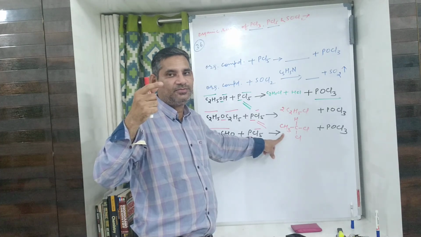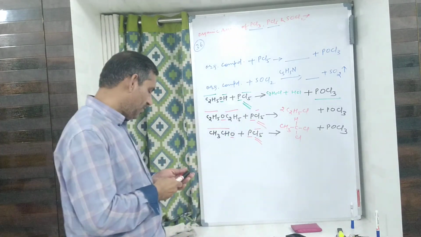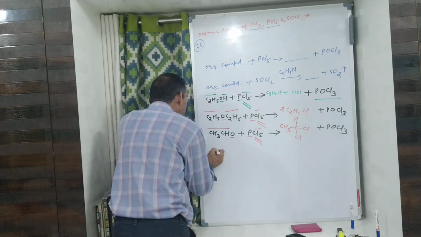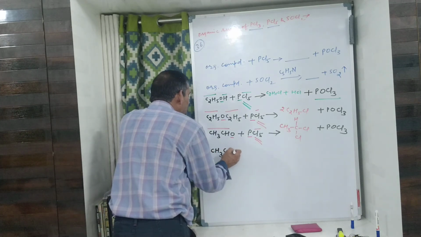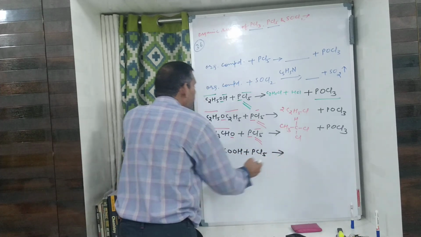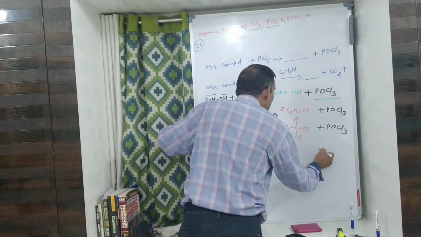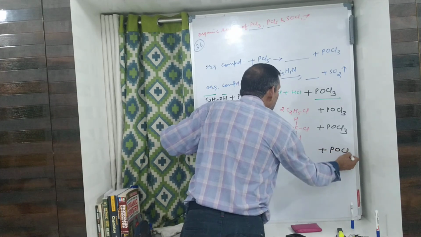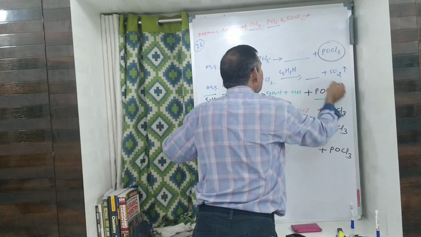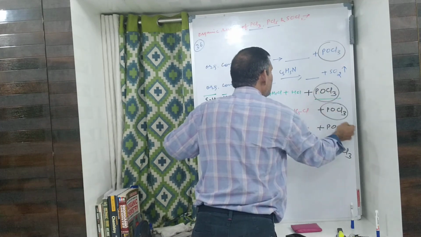1,1-dichloroethane. Now see, I will be taking organic acid now, carboxylic acid now, CH3COOH plus PCl5. Product, as I already told you, POCl3. See how easy it is. Everywhere POCl3, POCl3, POCl3.